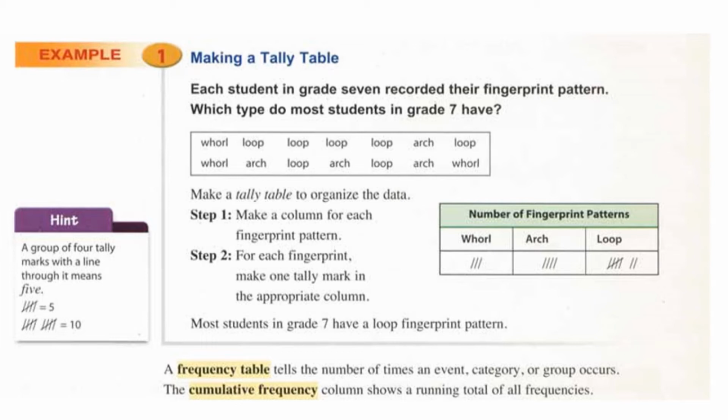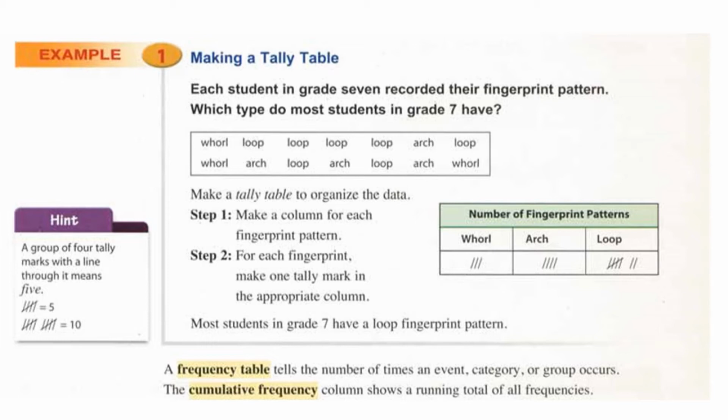You have two steps. Step 1, you need to make a column for each fingerprint pattern, shown in the right hand side. Step 2, for each fingerprint, make one tally mark in the appropriate column.